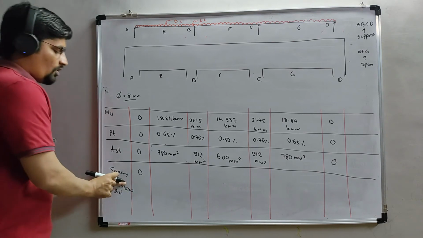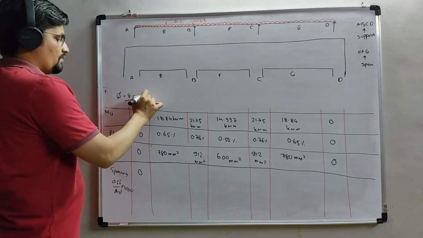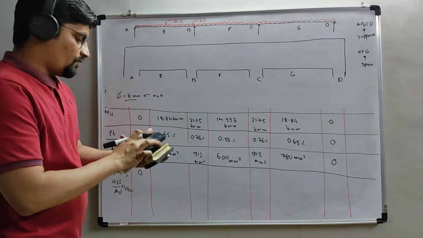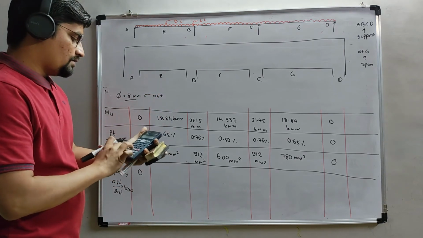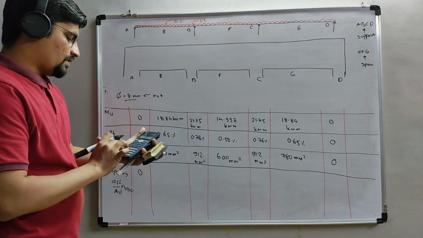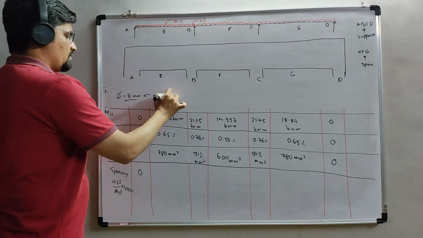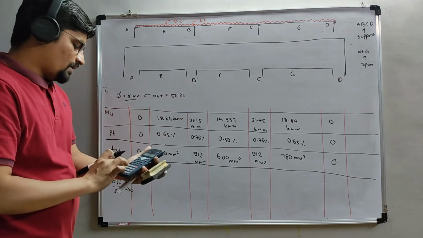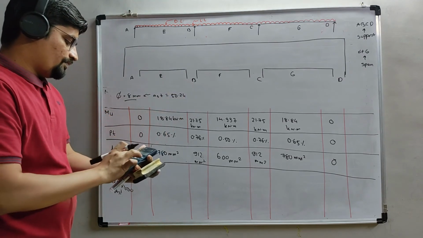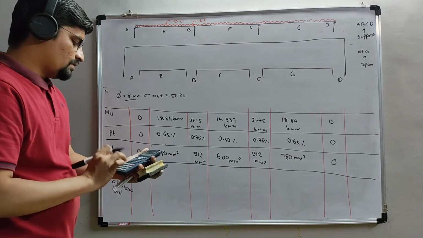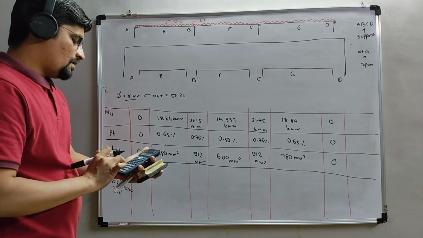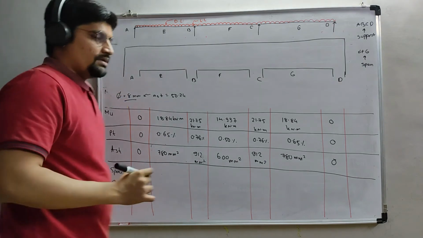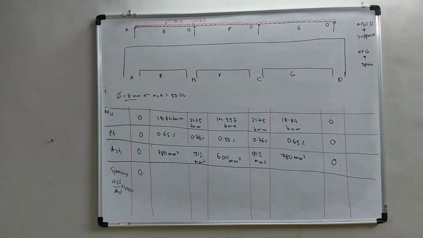Small AST is pi by 4 into 8 square. So 3.14 into 8 square divided by 4, so it is 50.24. So spacing is 50.24 divided by 780 into 1000. So spacing is 64.4.